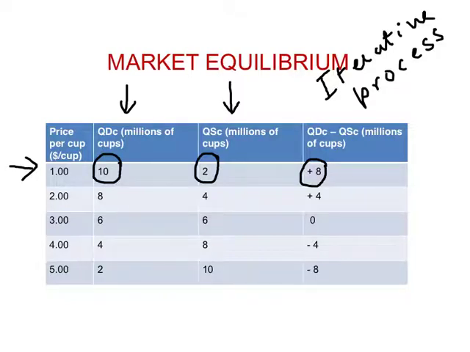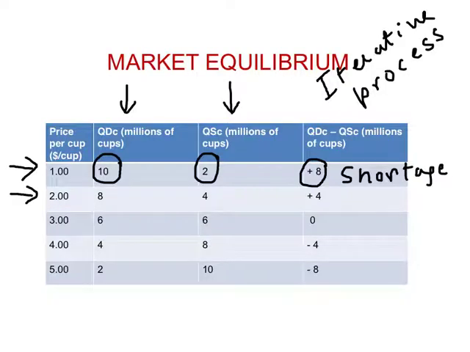Now, when demand is greater than supply, we call this a situation of shortage. So at a price of $1, this is what different retail outlets tell the headquarters of Starbucks, that there was a shortage of coffee.